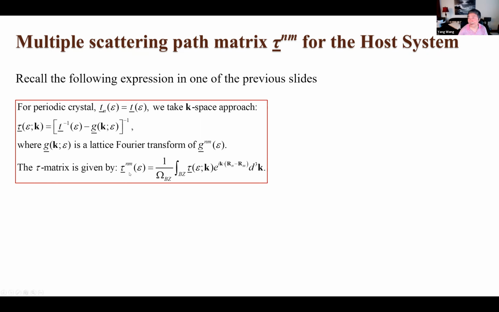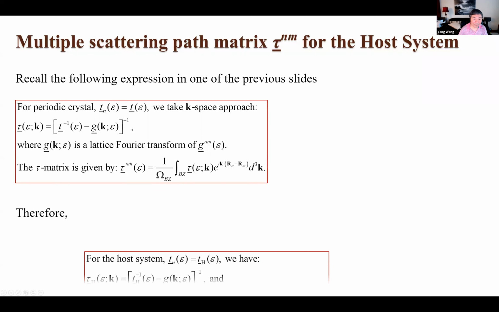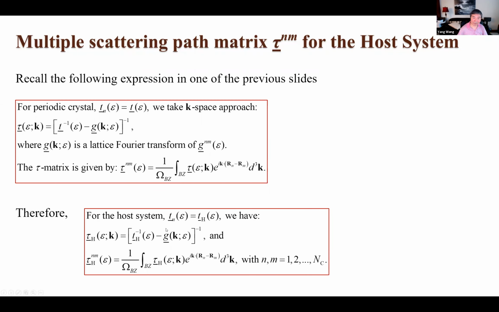This is how we calculate tau_nm. So for the host atoms, you just apply this formula. Then use this tau_nm to construct this block matrix, whose size corresponds to the number of atoms in the cluster. So this is the whole approach we take to calculate embedding in the framework of multiple scattering theory.